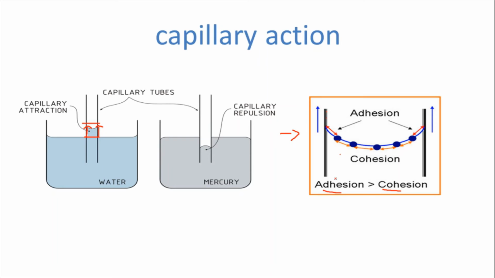The water molecules are effectively adsorbed to the glass surface, so the surface bends and some of the water molecules go upward, followed by other water molecules through a series of cohesion. This cohesion is followed by adhesion.